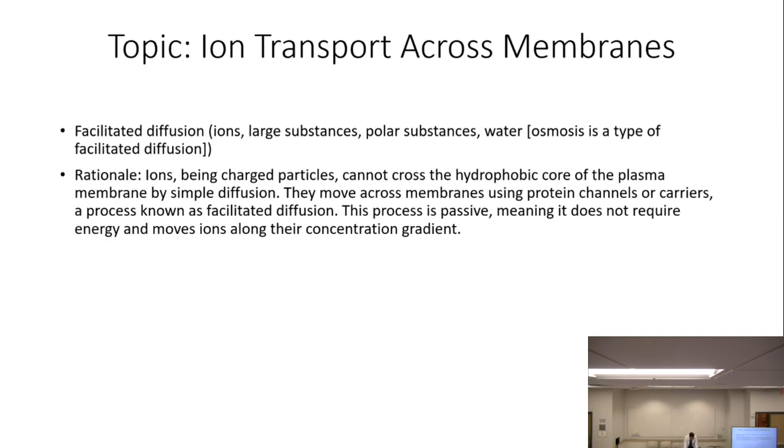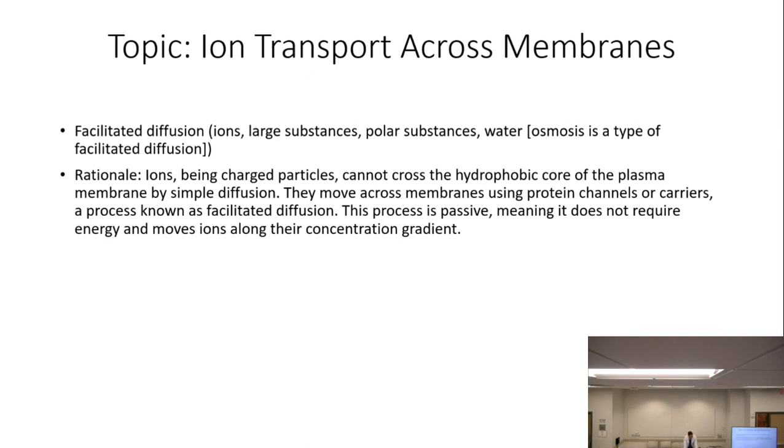Then we have another very related question. The question was about ions, cations and anions, when they move following their concentration gradient. That is facilitated diffusion. Osmosis is a type of facilitated diffusion that uses channels, water channels or aquaporins, and it's a passive process.